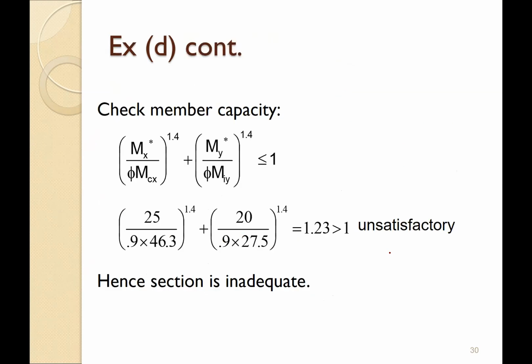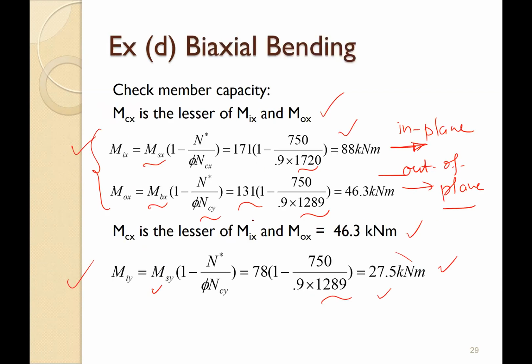Now we will check the member capacity, M star X over MCX, which is this, and this is your M star Y over this one. Let's look at it this way: this section is subjected to biaxial bending, right? So when there is a moment about the Y axis, we will also consider that there is a possibility of compressive buckling about that axis. So there will be a reduction in the capacity.